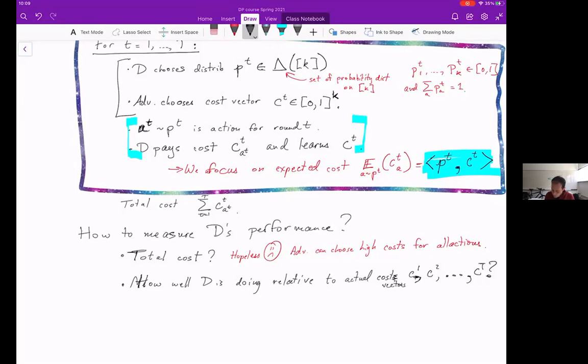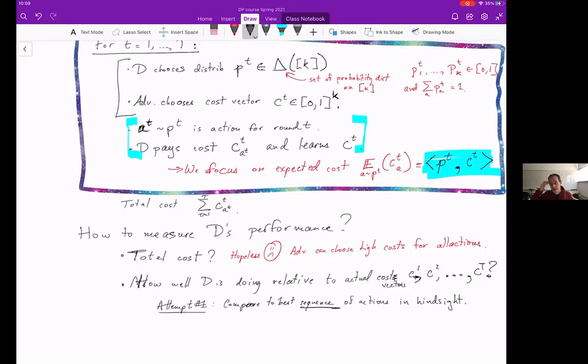And so one idea, attempt number 1, is to compare to the best sequence of costs. So we look back over the cost vectors that D observed over the T days of the interaction.